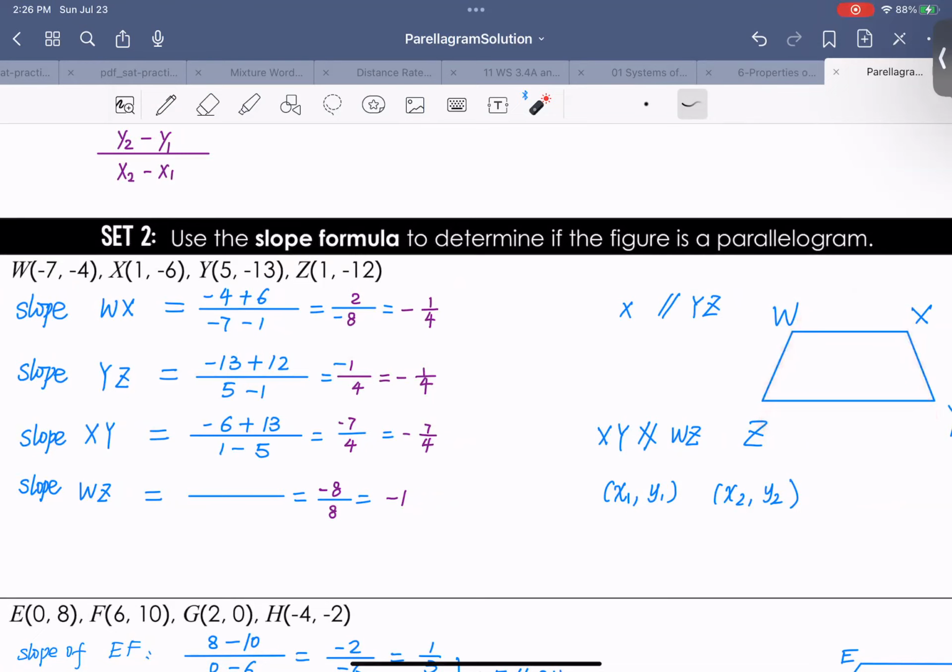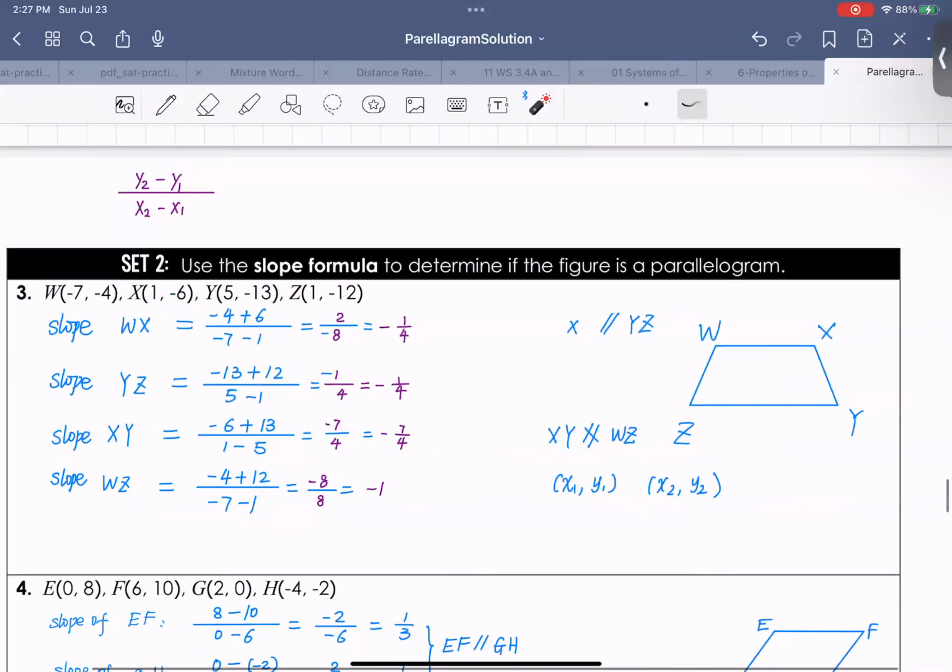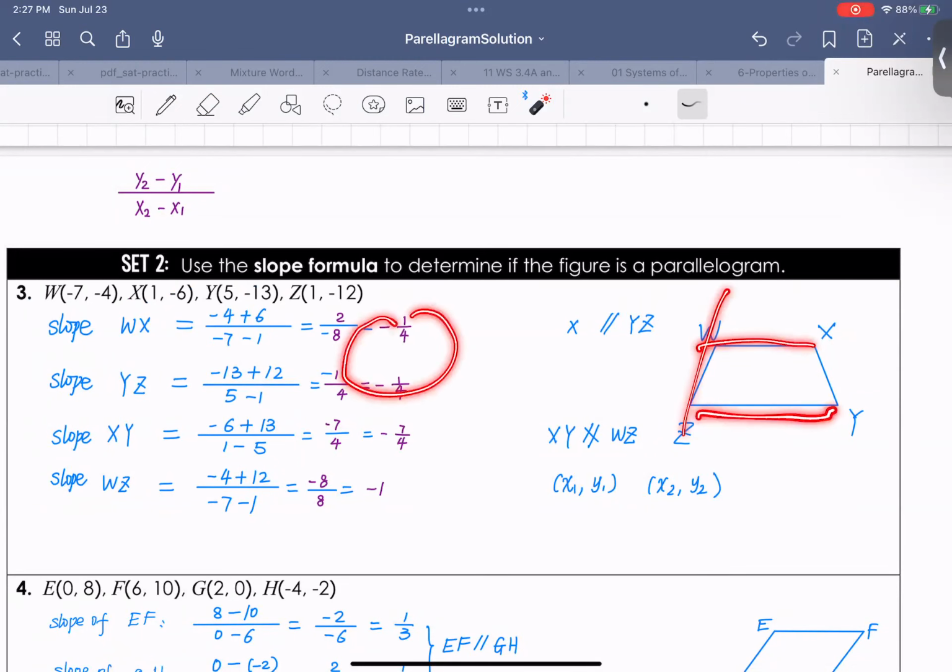Let's do the WZ. -4 plus 12, and then -7 minus 1. So this gives you positive 8 over -8, which is -1, okay? Now, so the thing is showing this pair is parallel, but this is not.